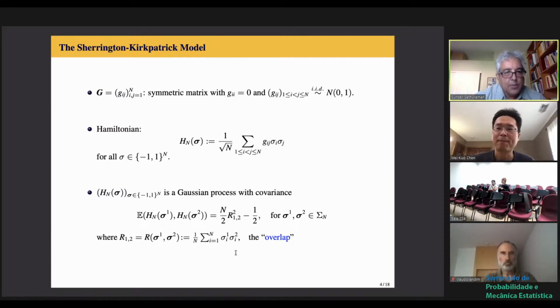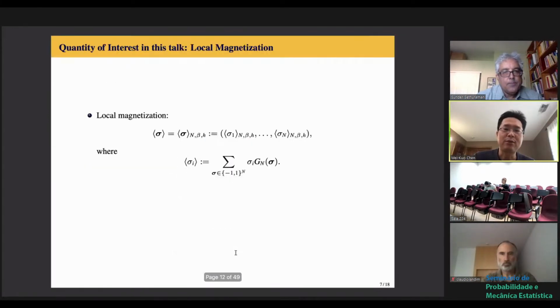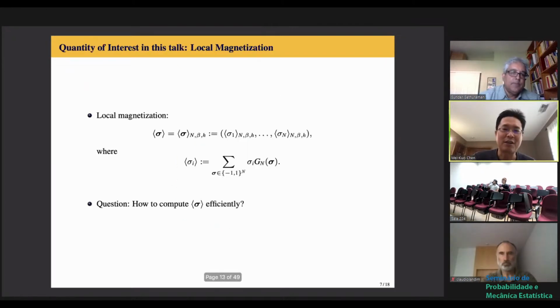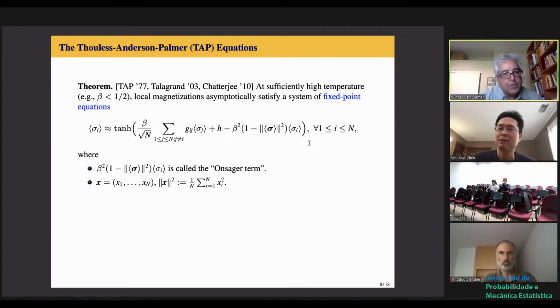I see. You mentioned that in low temperature you don't expect this kind of convergence. Yes, in low temperature, outside of the region D, this equation should have exponentially many solutions, so it's non-uniqueness.